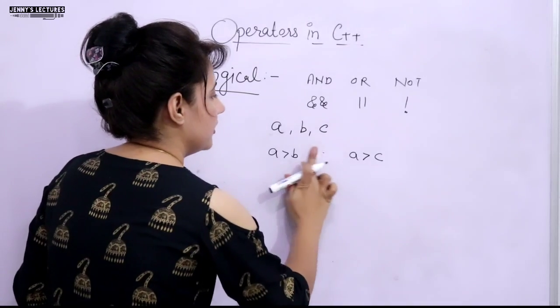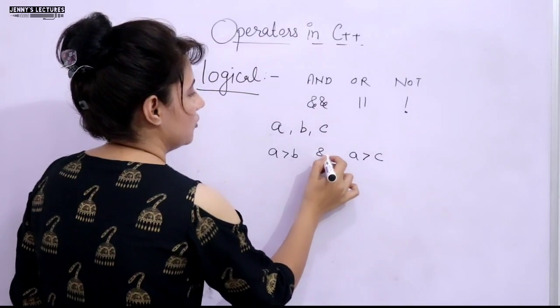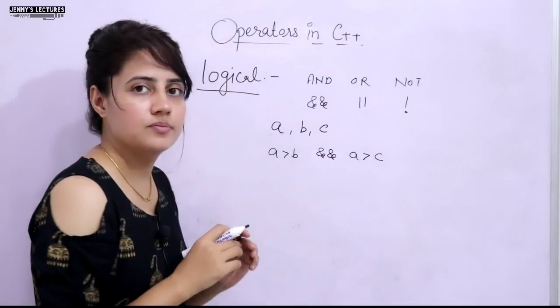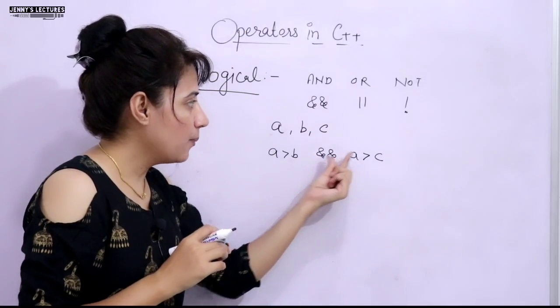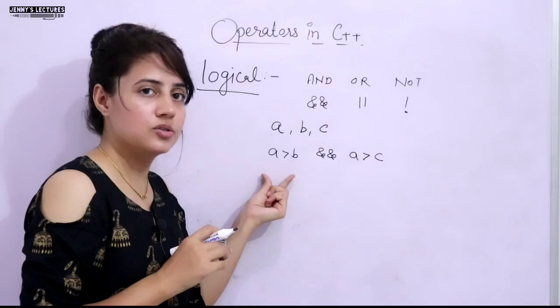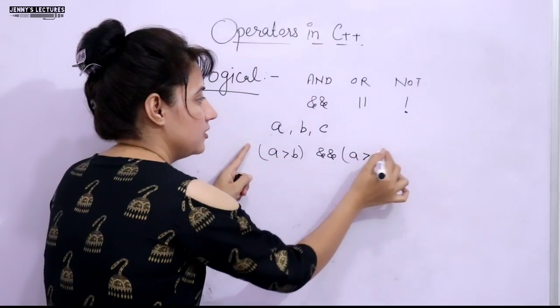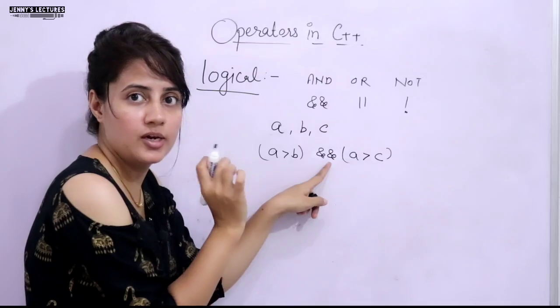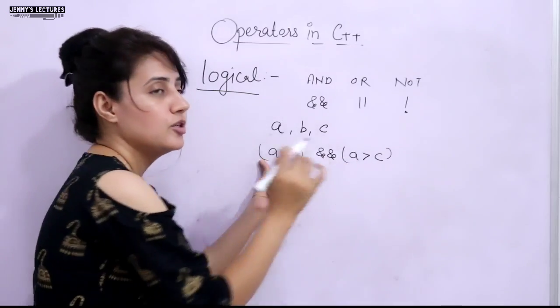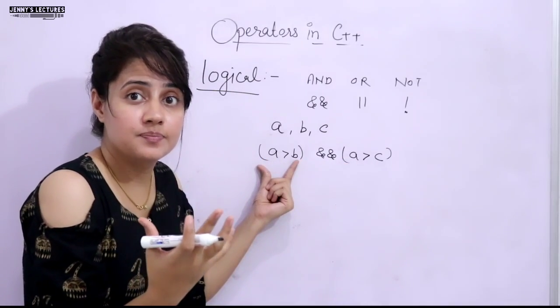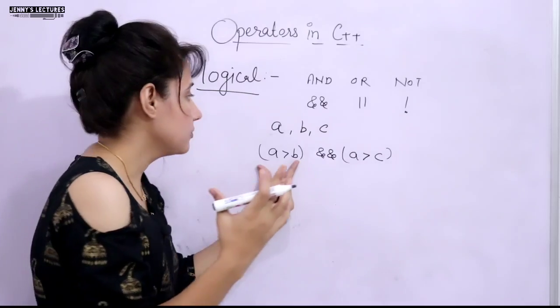This AND is a logical AND, so we can replace it with the operator &&. This logical AND operator is combining two conditions. This is one operand for the logical AND operator, and this is another operand. So these operands should be of Boolean type, right?